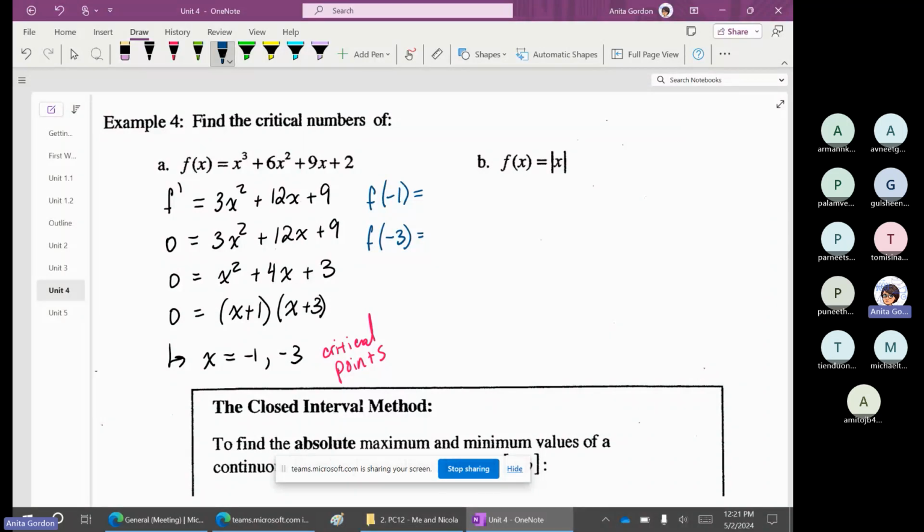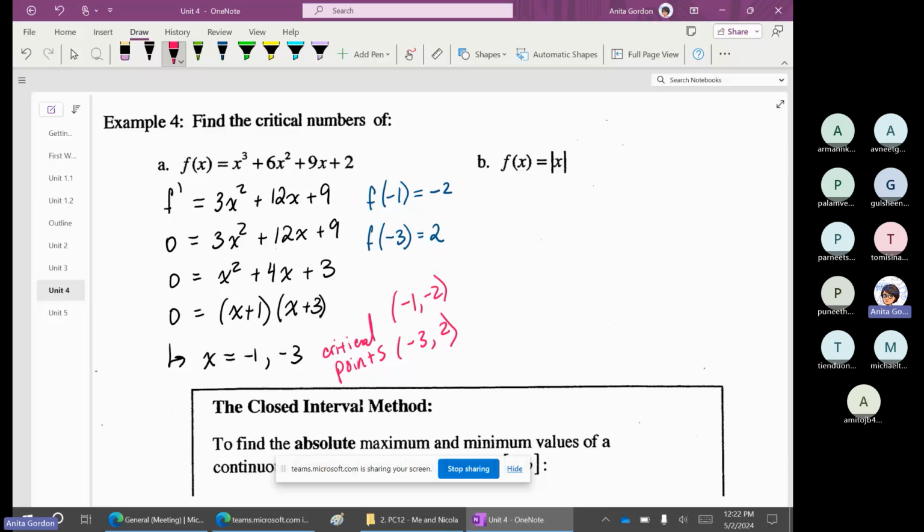Okay, at -1, the value of the function is -2, and at -3, it's +2. So my critical points occur at (-1, -2) and (-3, 2). So this is telling me I either have a maximum or a minimum, or maybe a change of direction, or maybe a hole, something's going on in the graph that we need to take a look at.